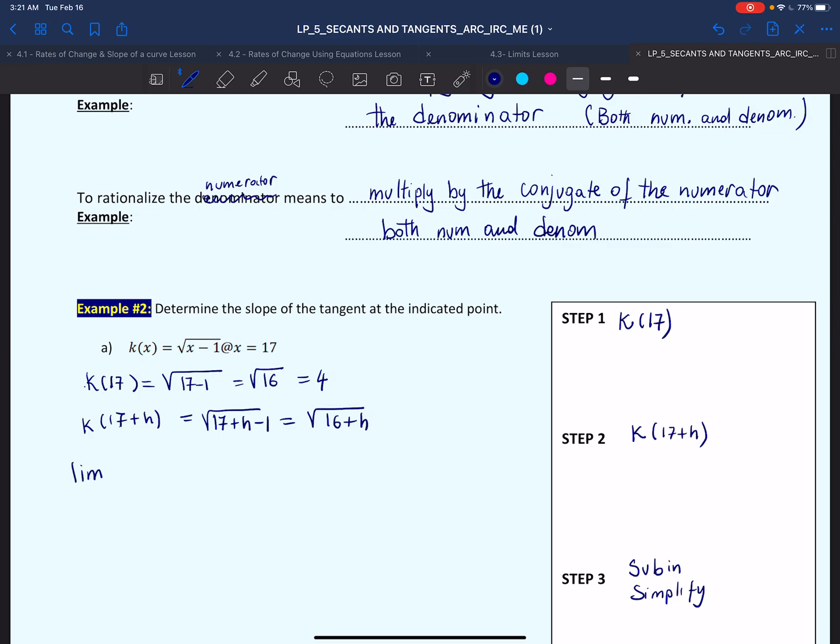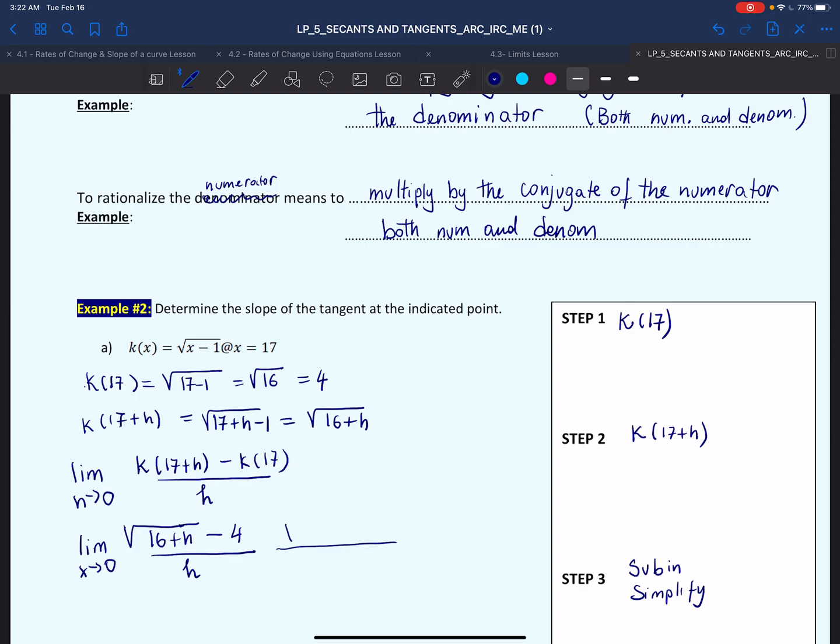So we're going to say the limit as h approaches 0 of k at 17 plus h minus k at 17 over h would be the limit as h approaches 0 of root of 16 plus h minus 4 over h. So we are rationalizing the numerator, which means that we're multiplying the numerator by the conjugate and denominator by the same number.